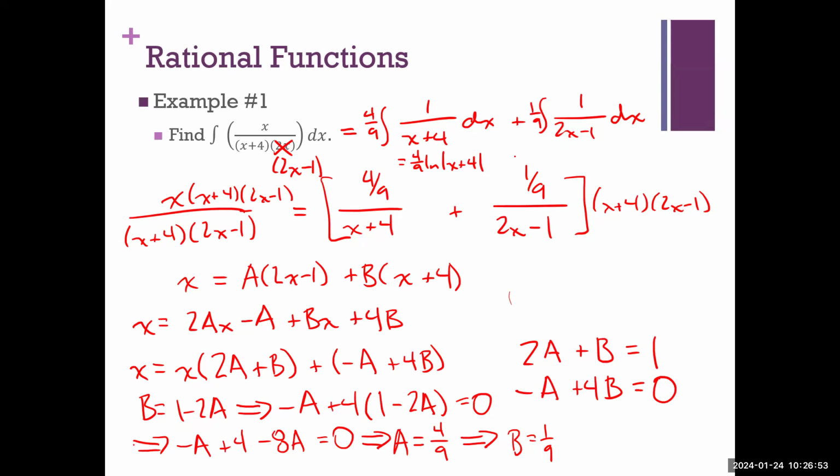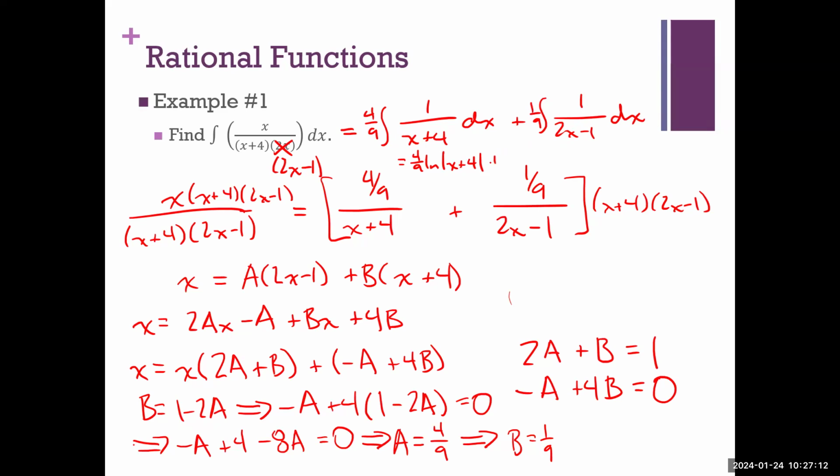That one's a little trickier. What is the integral of 1 over 2x minus 1? Right. So if it was 2 over 2x minus 1, that would be like a natural log. But I have half of that.